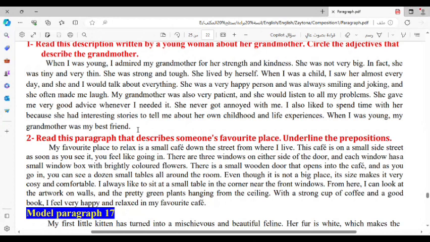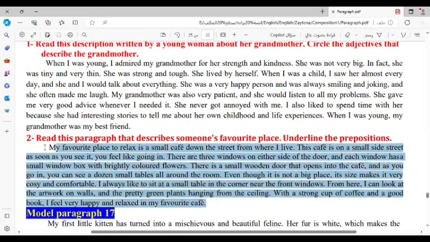And in paragraph number 2, here I'm describing a place. So you will see also many adjectives and many prepositions because I'm describing a place. So I need to use some prepositions. All right. So who can read this?